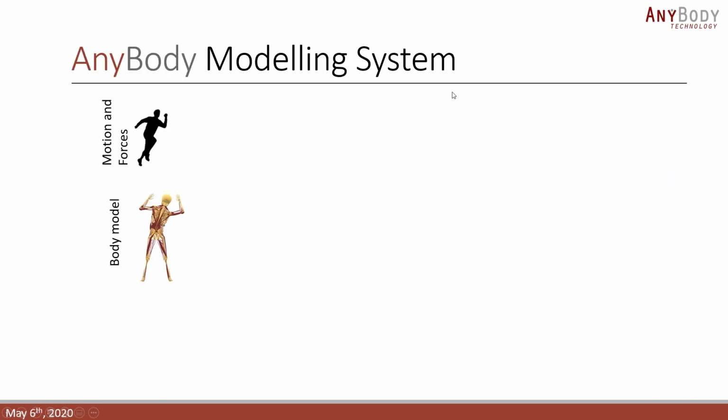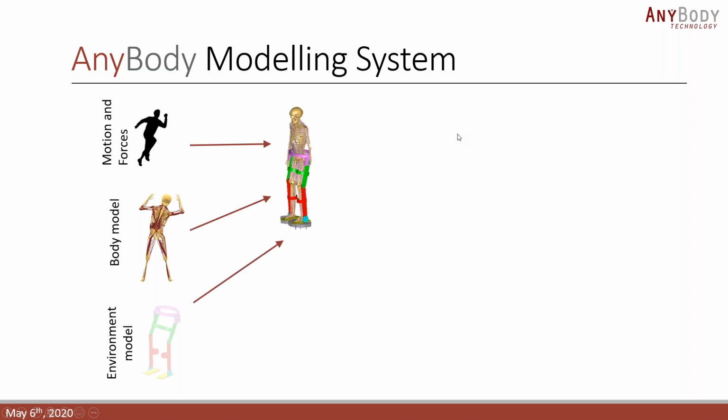The typical workflow in the Anybody modeling system could look something like this. You provide the motion data as input and use the body models which you or others have built. Then you provide some kind of environment, it could be something like an exoskeleton. Then you can use the Anybody modeling system to combine these things, run the inverse dynamics and calculate the muscle recruitments.